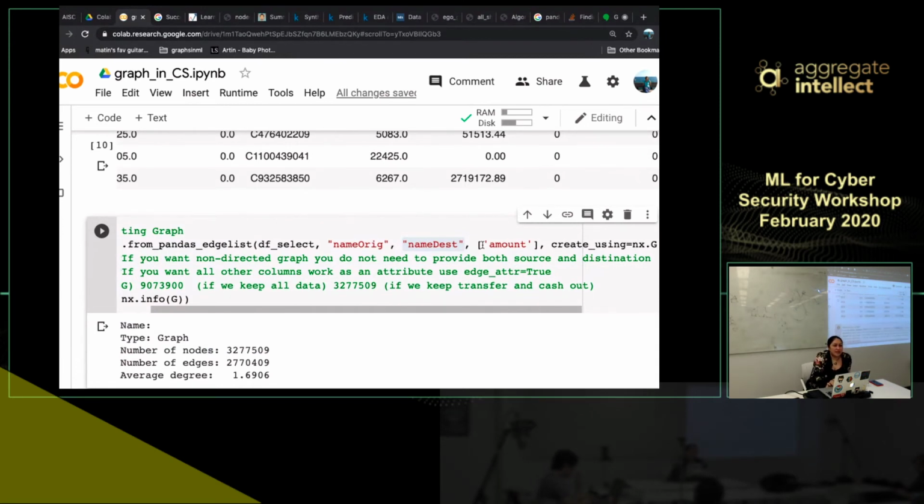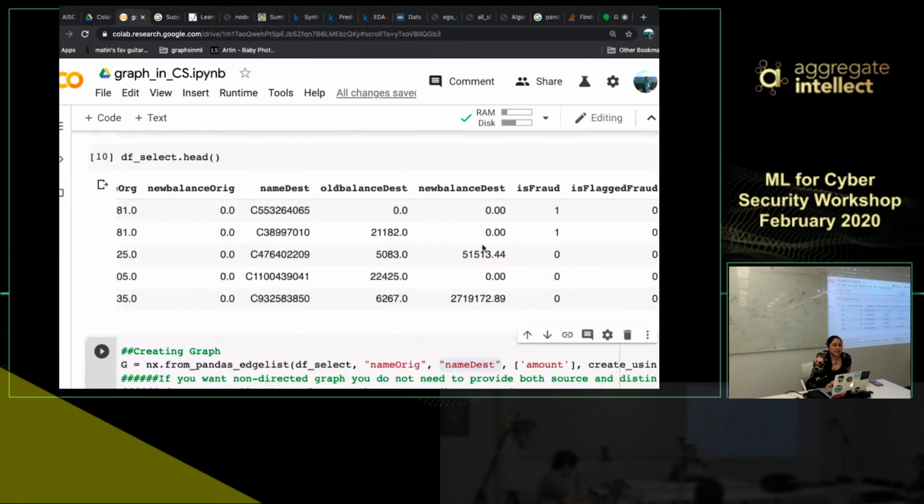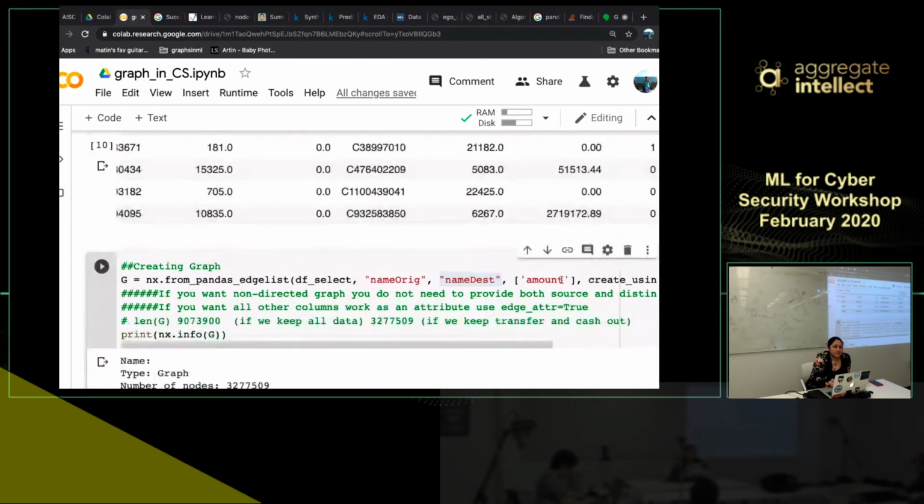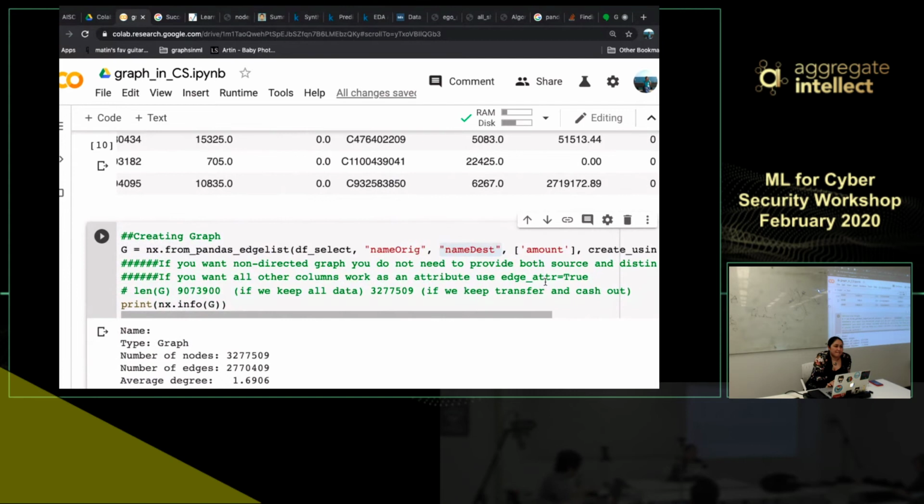And like I defined, for example, new balance, old balance of the origin, of the destination. I played with lots of them. A number of the connections between them, aggregate them. Amount seems like one of the logical ones, right? There's a lot of combinations. Right, yeah.